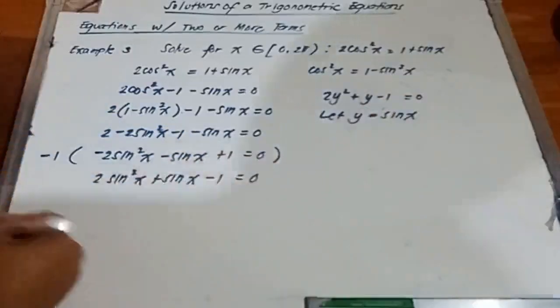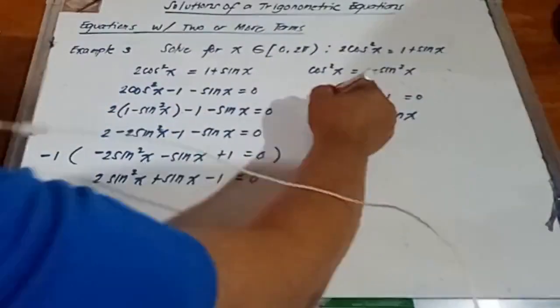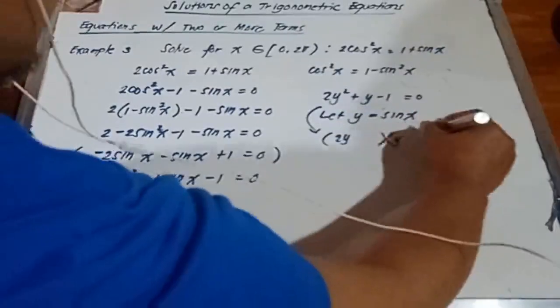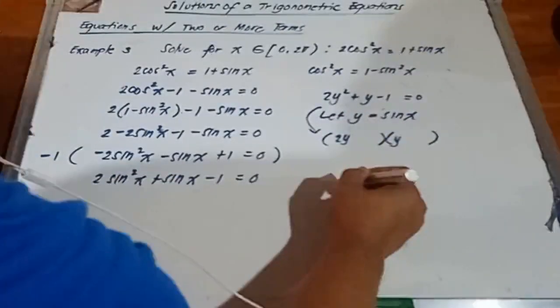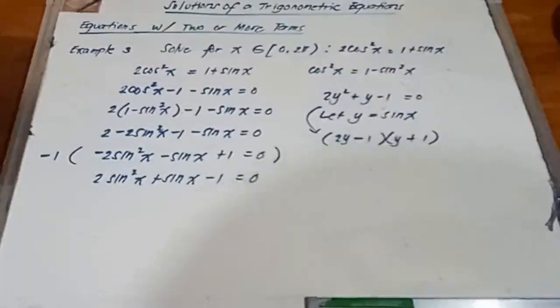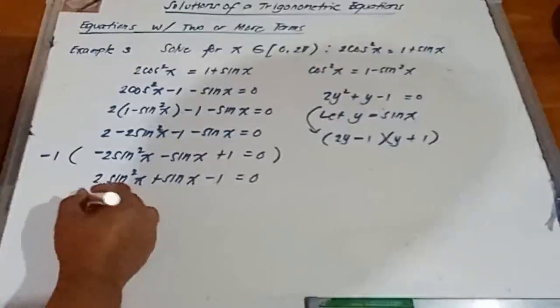Okay? Parang ganon. So, pwede natin ito ma-factor ng 2y times y. Try natin itong plus 1. This is minus 1. Okay? Pero kung hindi nyo gagawin yun, mag-substitute pa ng variable for sine x, ganito lang factor niya.